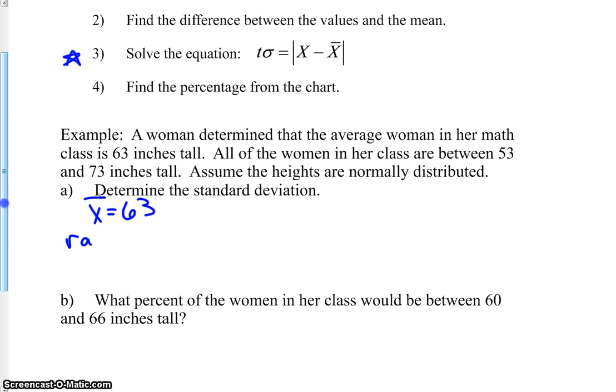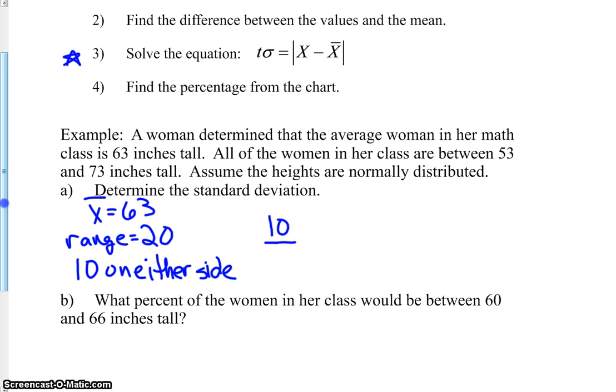The range was 20, which meant that there were 10 on either side, a 10-inch difference on either side. Now, if I want to know the standard deviation, remember there are 4 standard deviations per side. So 10 divided by 4 is 2.5. So 2.5 equals our standard deviation.